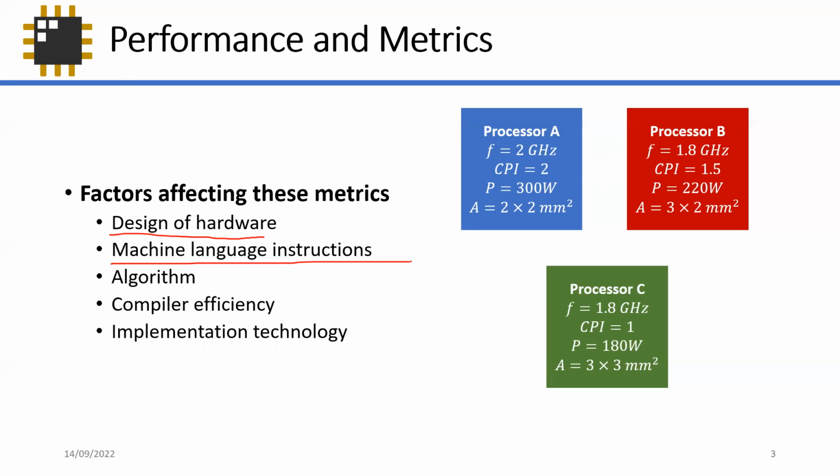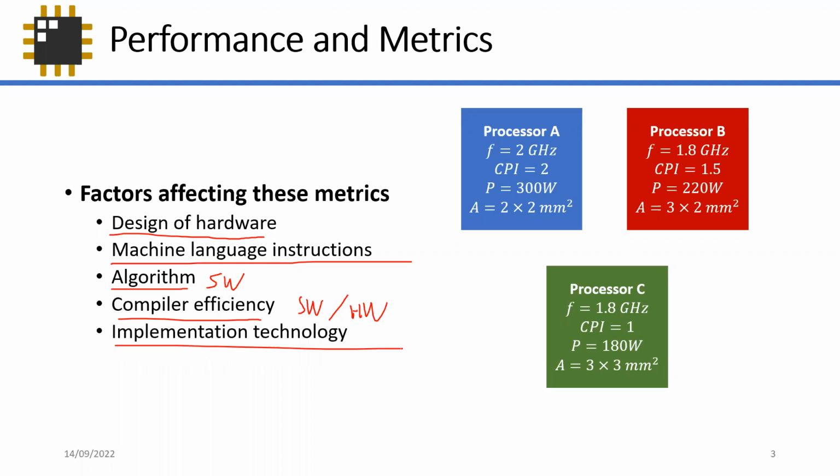For example, between ARM, RISC, and MIPS, sometimes ARM looks a bit more tricky to do, but apparently it provides a lot more flexibility compared to MIPS and RISC. Algorithm-wise, this is more on the software side. Compiler efficiency is also a bit more on the software side, actually software and hardware. And of course, implementation technology, whether in 45 nanometer technology, 8 nanometer, things like that.